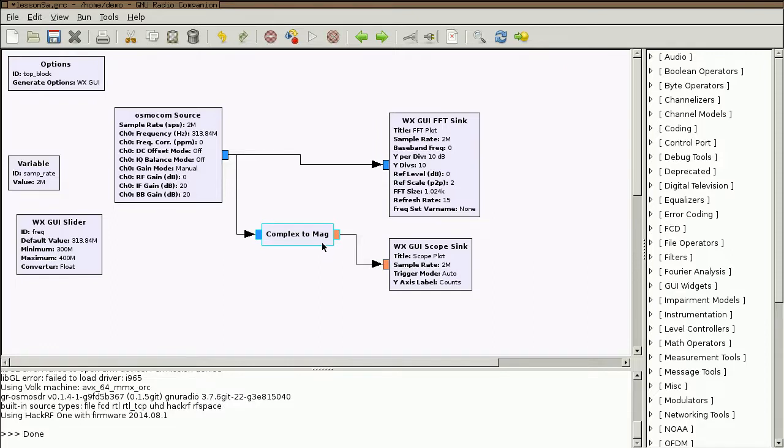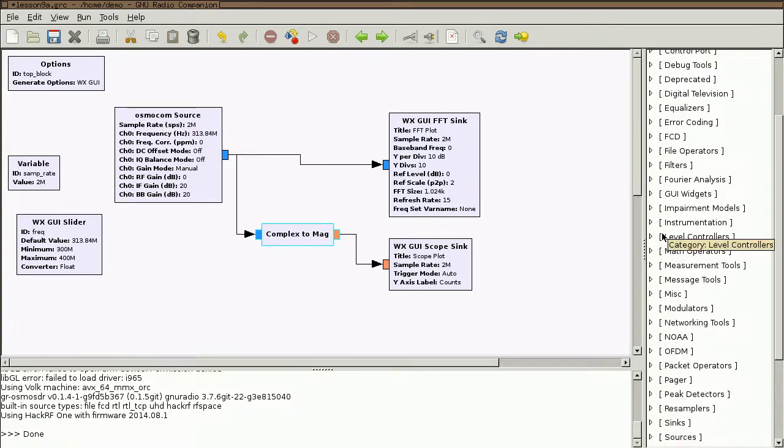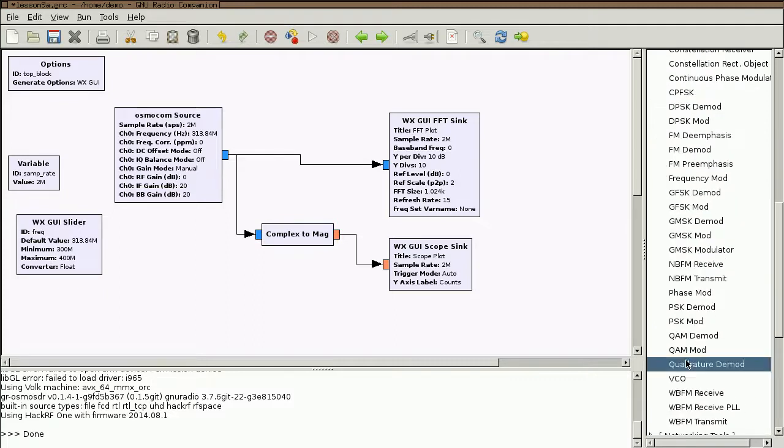And the algorithm that we talked about in Lesson 7 for extracting frequency information from a complex valued signal is in a block called quadrature demod, which you should know if you did the homework for Lesson 7. It's under modulators, and we will pull quadrature demod out there, and notice it's similar to complex to mag in that it takes complex valued input and produces this orange data type that's floating point valued output.